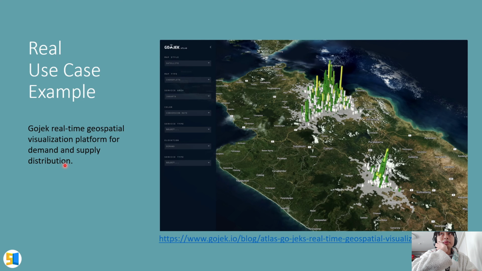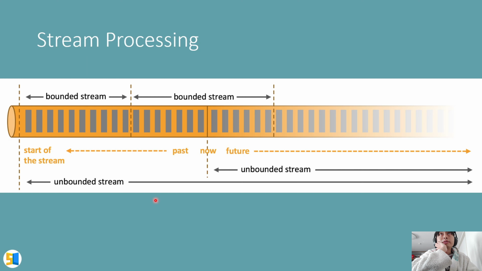Right, so let's check the glossary. Stream processing. In stream processing, there are two types of streams. The first one is bounded and the second one is unbounded.